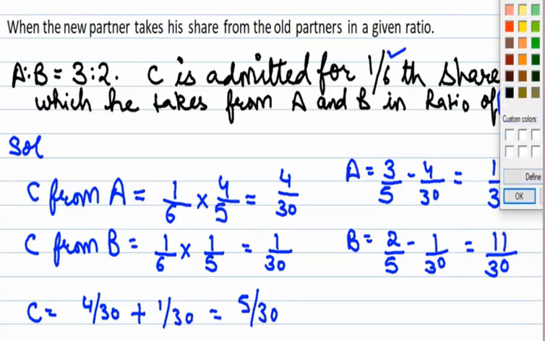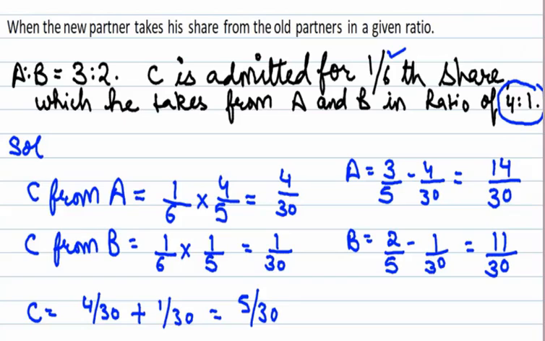Now we can see the new ratio of A, B and C, which is 14/30, 11/30 and 5/30. So in this question what did we do?